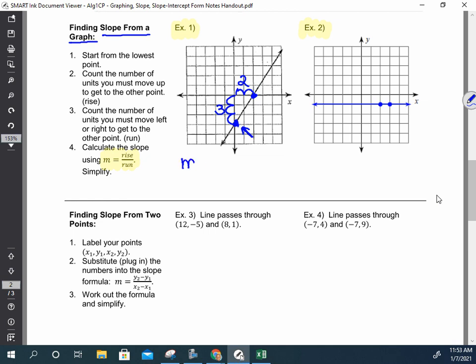So we've got rise over run. Your rise was 3, and your run was 2. 3 over 2.